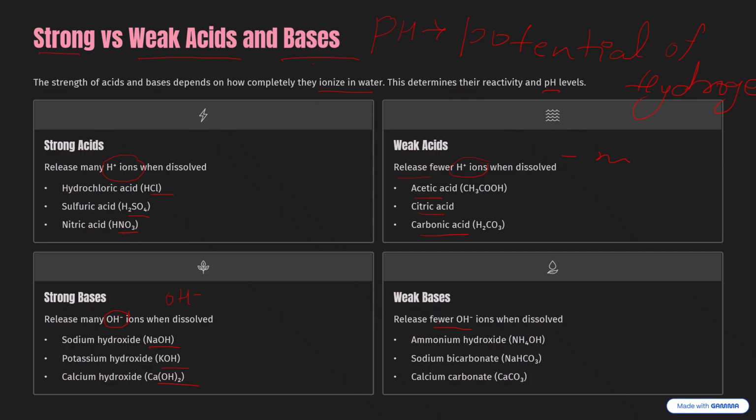So this is the difference between strong and weak acids and bases. Strong acid releases many hydrogen ions compared to weak acids, and strong base releases more hydroxide ions compared to weak base.